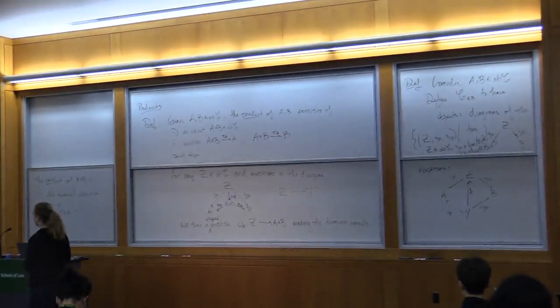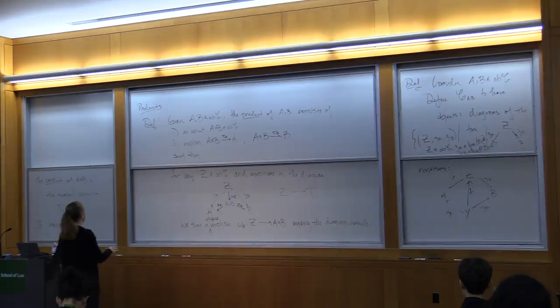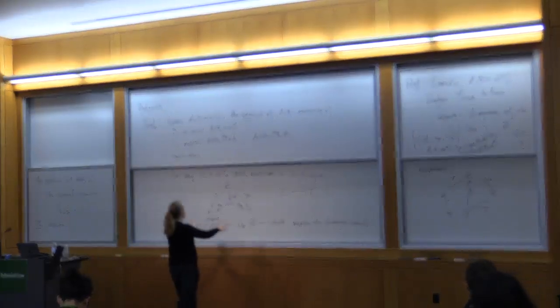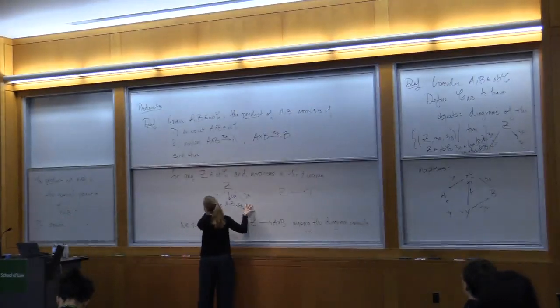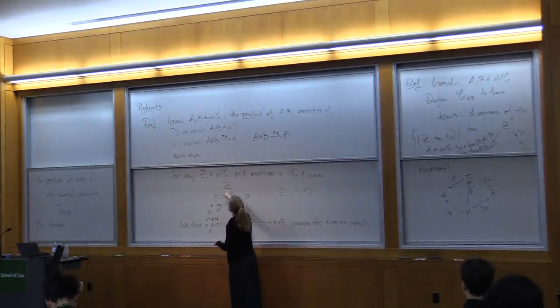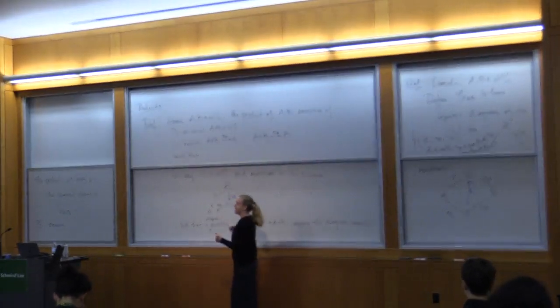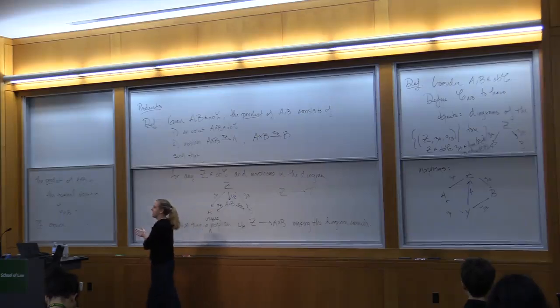I'm not sure what anchored means, but I would say these guys are kind of anchored, because all of the spans have to end in these. And the object in the middle can vary among the objects in the category.